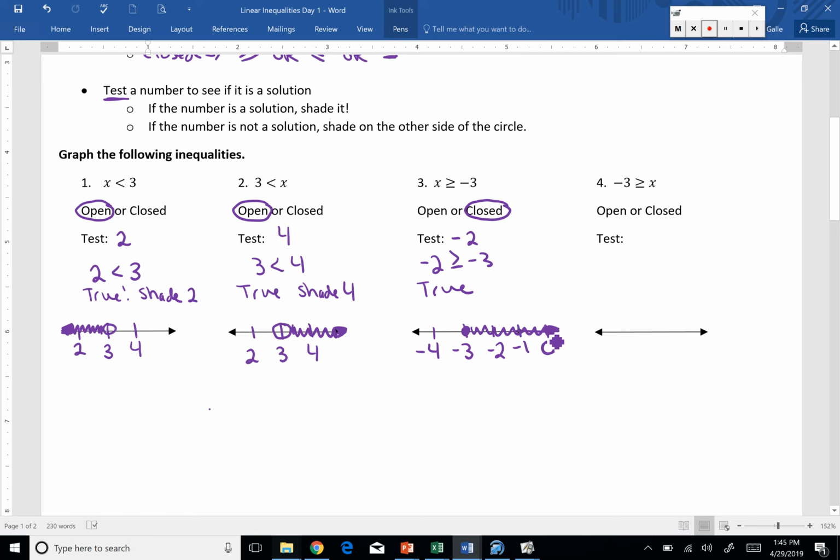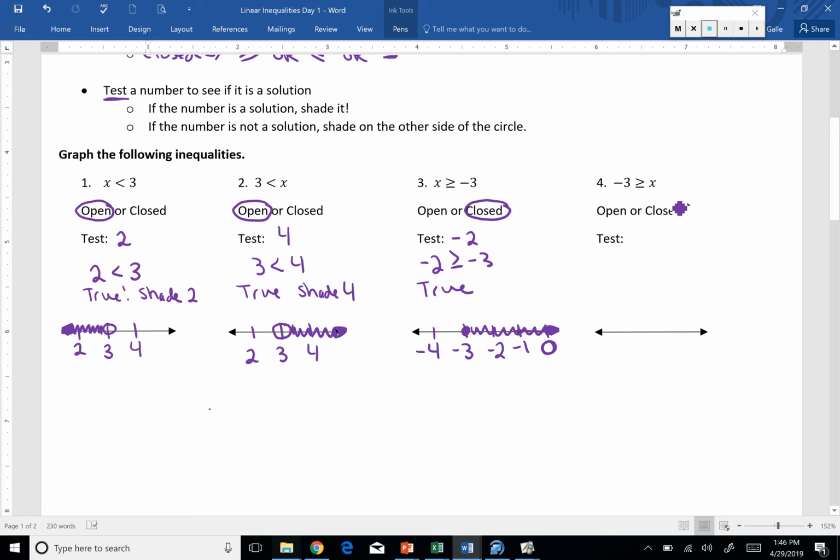The negatives are literally opposites of the positives. That's what they are. So just be careful when you're numbering your number line, those numbers are going to go the opposite order as the positives. When you're comparing them, it's opposite of what it would be if it's positive. Just be careful on the negatives.